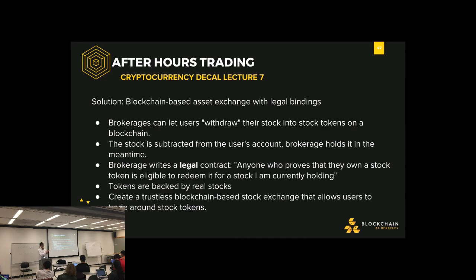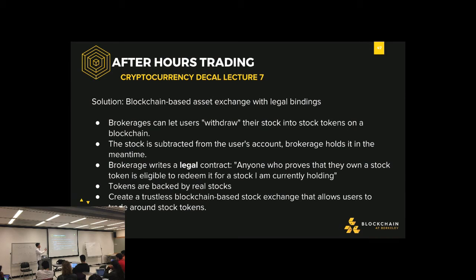The brokerage will write a legal contract, like a U.S. government-enforceable contract, that says anyone who proves that they own this token is eligible to redeem it for a stock that I am currently holding. And therefore, you've created this ecosystem where all these tokens on the blockchain are backed by a real stock.